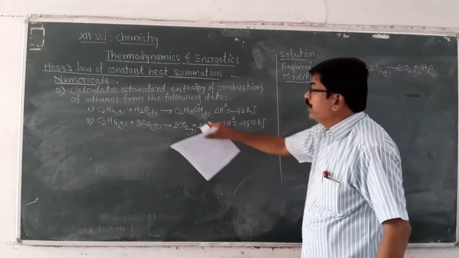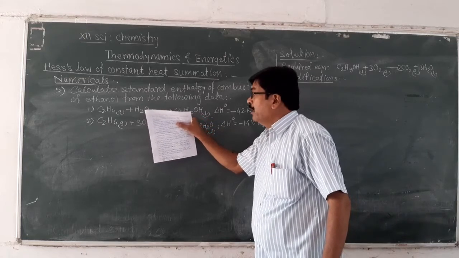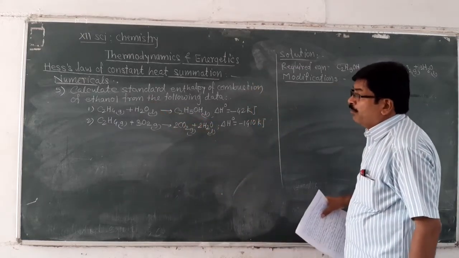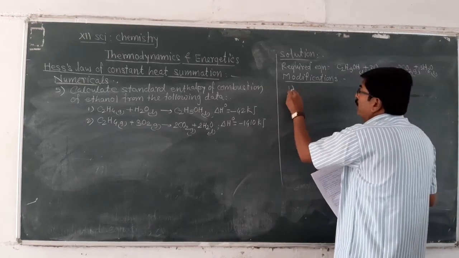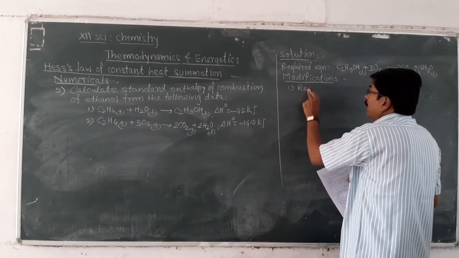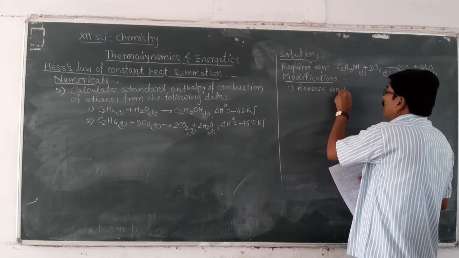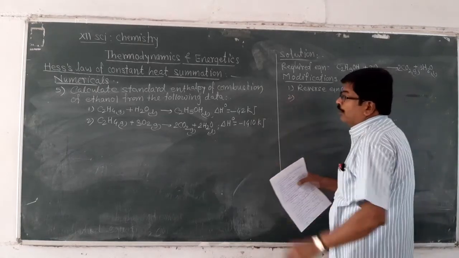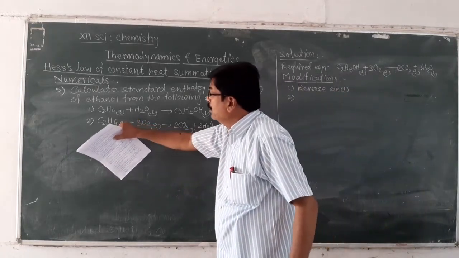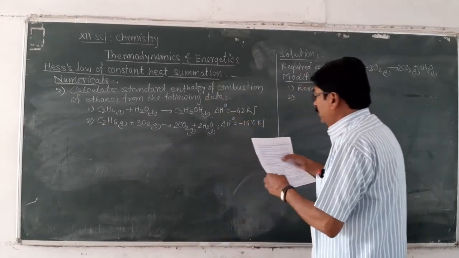Here in the given equation 1, 1 mole of ethanol is given, but it is on the product side. It must be on the reactant side. Therefore, we have to reverse equation 1. Second, here we want C2H4.